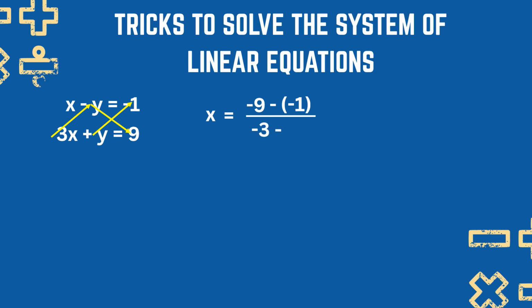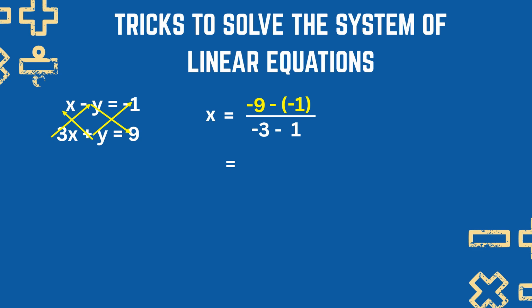Then we're going to subtract the product of the numerical coefficient of y in the second equation to the numerical coefficient of x from the first equation. So 1 times 1, this is equal to 1. Then, let's simplify. So, negative 9 added to the product of negative times negative 1, which is equal to positive 1.